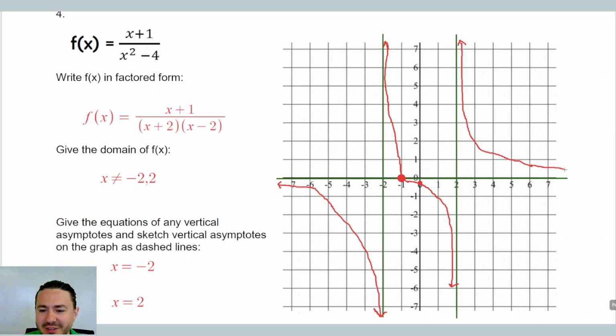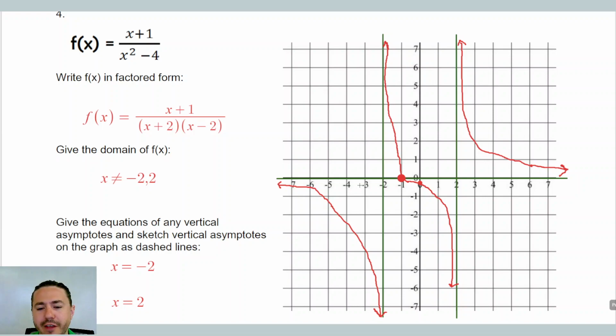Since I don't have any multiplicity of these vertical asymptotes here, I know that the behavior of the function is going to alternate as we approach the vertical asymptote from either side. We've seen a couple where on both sides of the asymptote it goes up or both sides go down, but that only happens when you have an even multiplicity, kind of like where you have a bounce at an x-intercept.